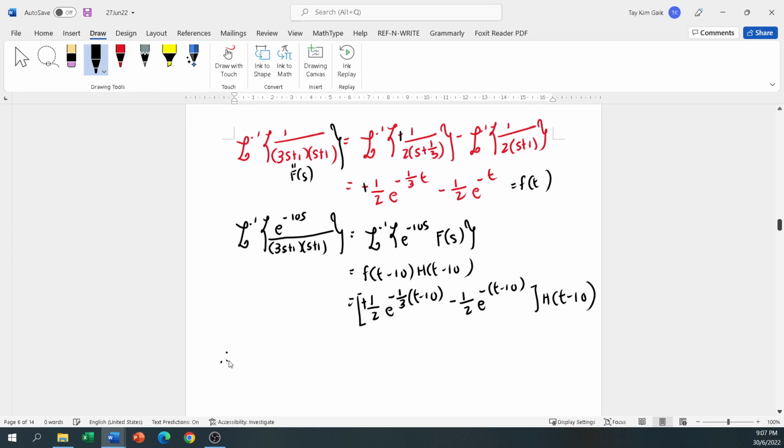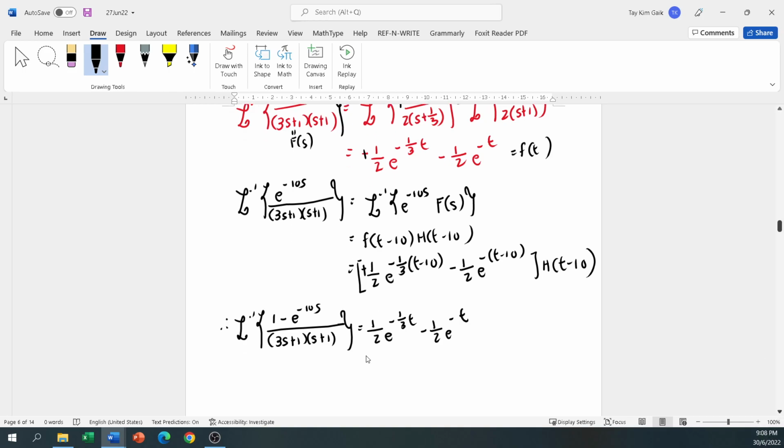So therefore, the inverse Laplace of 1 minus exponent negative 10s over 3s plus 1 over s plus 1 will be half exponent negative 1/3 t minus half exponent negative t, and these two answers add up together, so plus half exponent negative 1/3 t minus 10 minus half exponent negative t minus 10, ht minus 10.